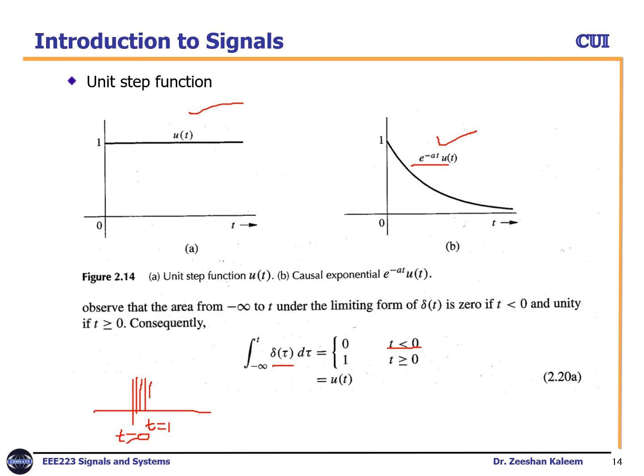If we take a time period from minus infinity to t and combine them, it will become a unit step function, not a unit impulse. So when we combine different impulses, it can become a unit step as well. This was just a concept about the unit step function.